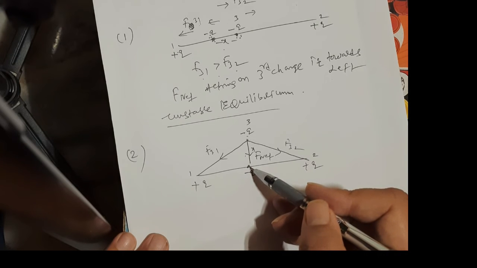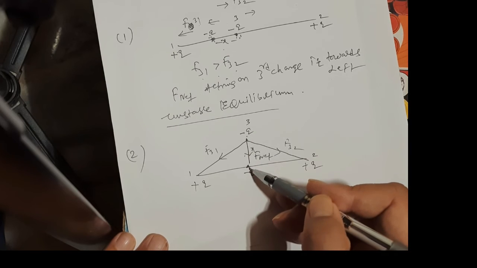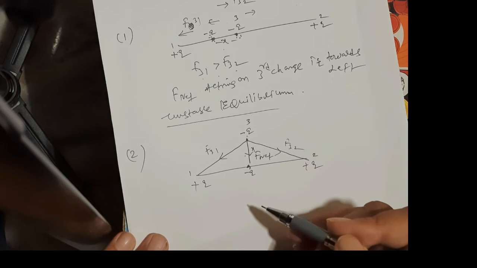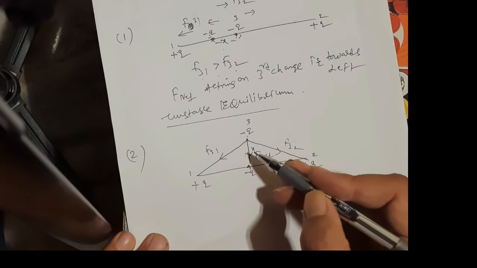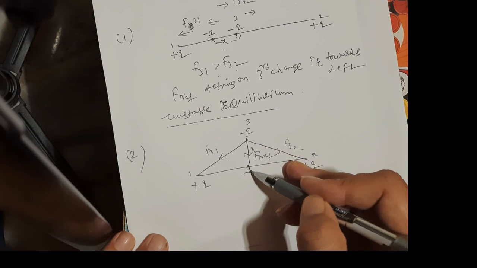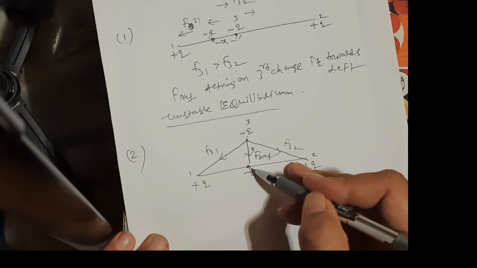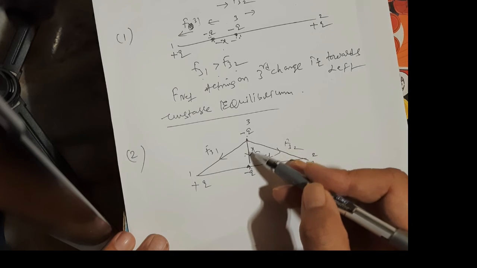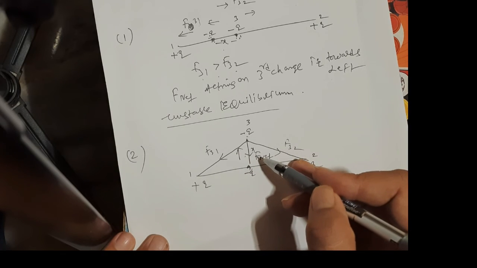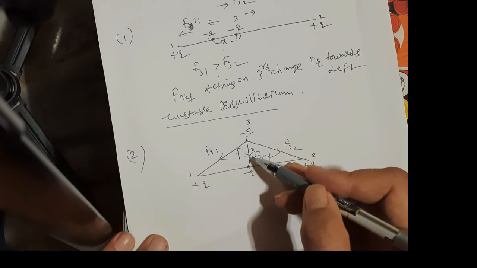Now the particle performs oscillations. Whenever this particle is displaced from this position, it again comes back to the mean position. The initial position of the particle is at the midpoint. Whenever it is displaced through a displacement x along this direction, the net force acts on the particle towards the mean position.